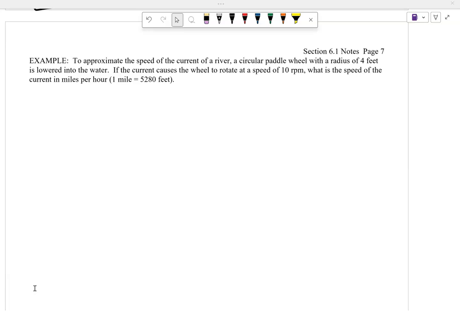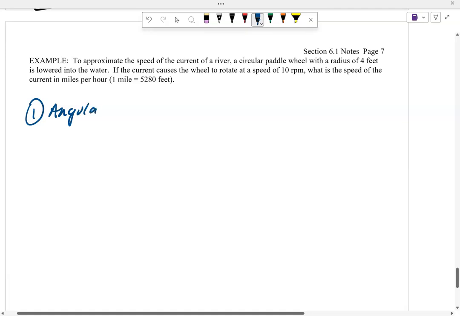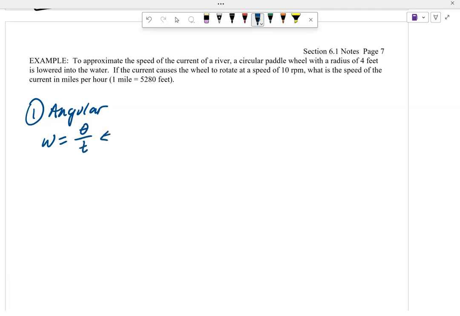So number one, we're going to start with that angular speed information that they give us. So remember, angular speed is how much it's swept out over time t, the central angle over time t. Well, they're telling us that the angular speed here is 10 revolutions per minute.